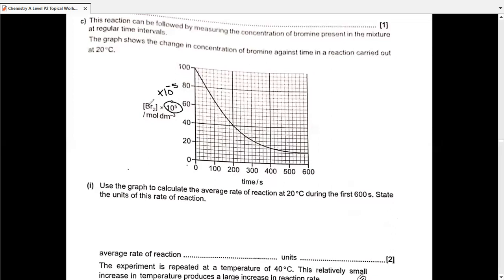Mole per decimeter cube per second. Right, good. I don't know what the exact answer is, sir, but since you were doing it out loud, I do understand 100 into 10 raised to power minus 5 minus 12 into 10 raised to power minus 5 divided by 600. So if that has been calculated correctly, the answer should be right.